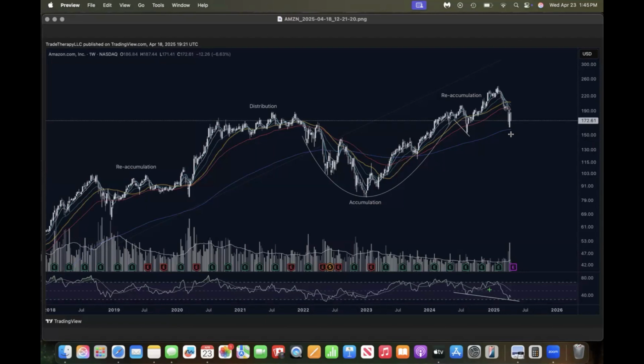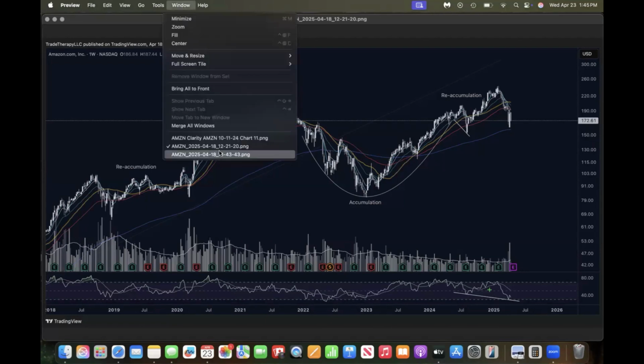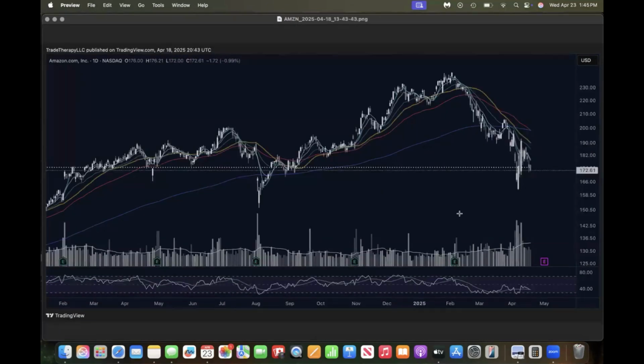They will continue to provide supply until buyers step in and long positions begin to change the dynamic from supply greater than demand to demand greater than supply. And that's what we see. I'll jump over to the daily chart that we shared last week. This is from April 18th. And you can see this low volume continuation of this sell-off.